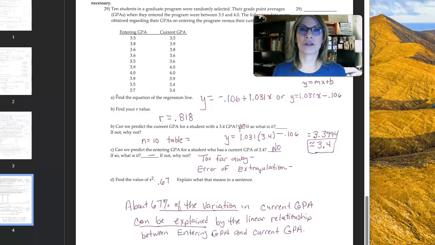If you go on to grad school, you will have to say about 67% of the current GPA can be explained by the linear relationship between entering GPA and current GPA. And you can say the whole sentence. But for me, if you just say about 67% of the variation can be explained, I'm good with that, because that's what R squared means, is how much is being explained.